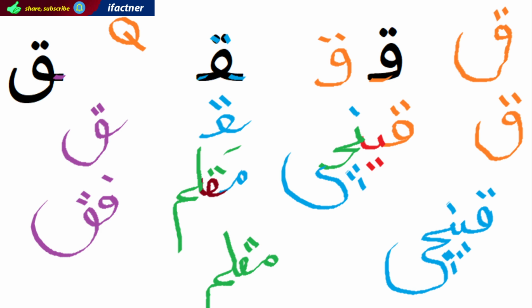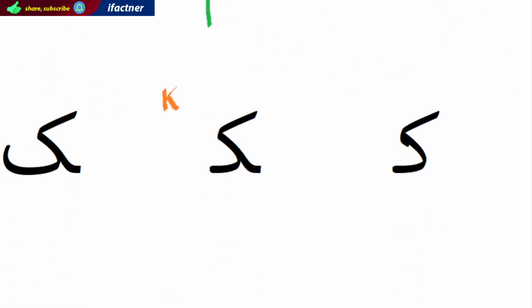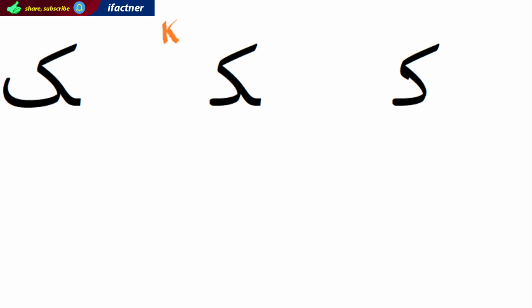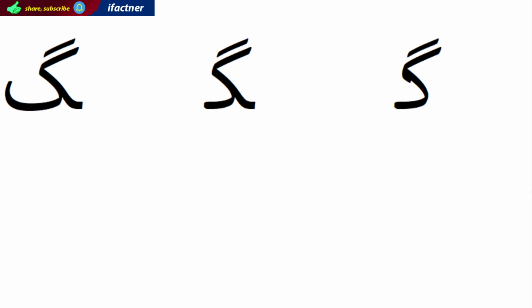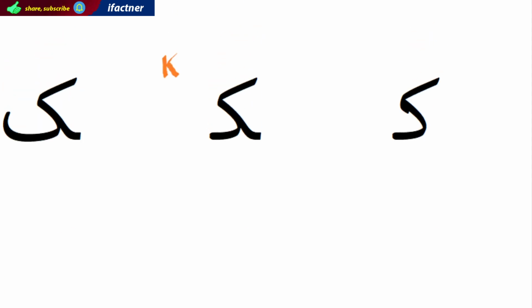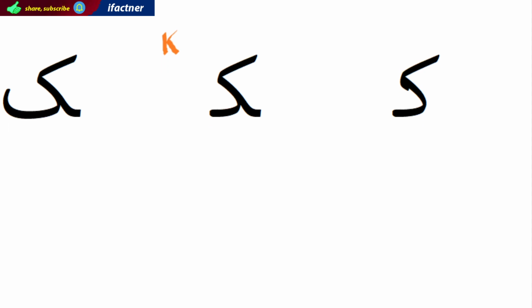Now let's move forward and see how do we write kaf. Let me tell you that if you learn how do we write kaf in Urdu, then you will be able to write kaf in all its positions, just like kaf. So just concentrate on kaf.